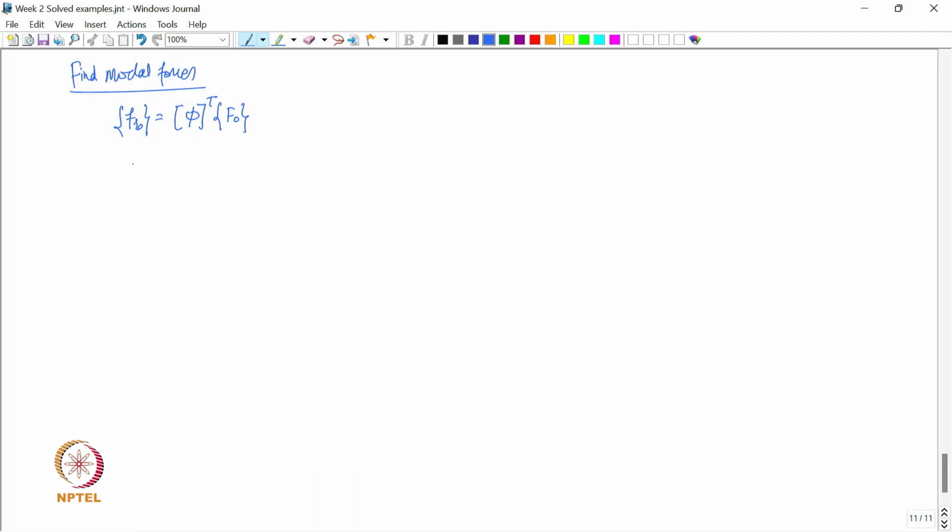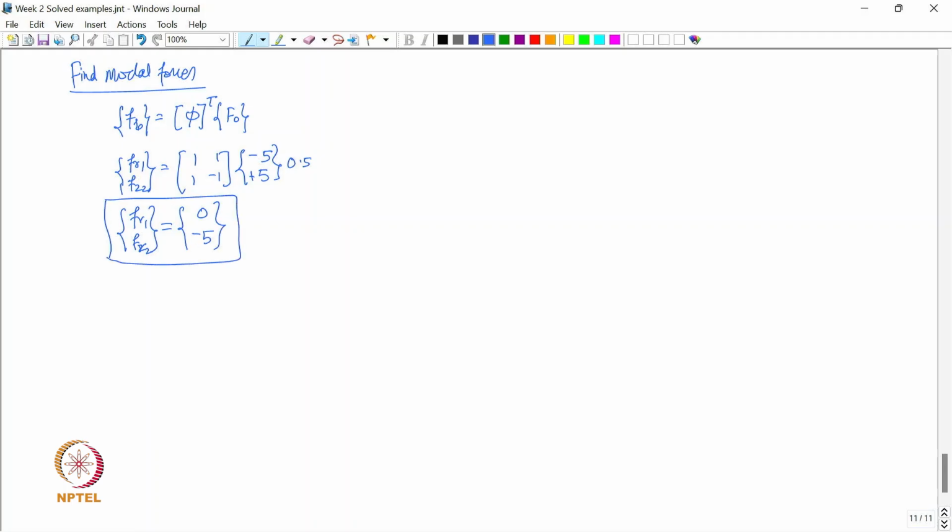So, we can call this Fr1, Fr2, and now phi transpose, that is 1 1, 1 minus 1, multiplied by the physical force vector, that is minus phi, plus phi, correct. If you do this matrix vector multiplication, you essentially get Fr1, Fr2 as 0 and minus phi.